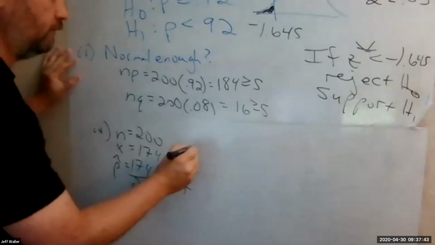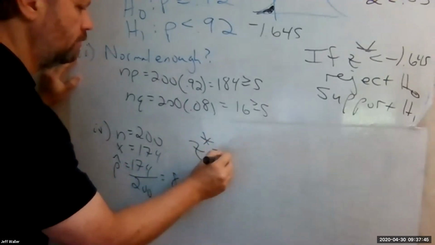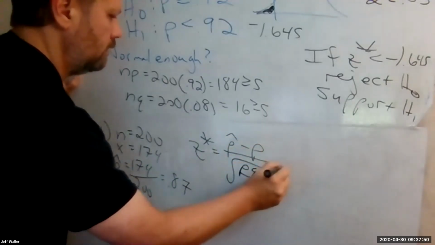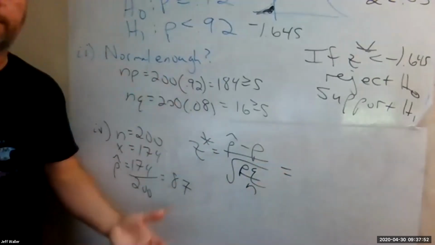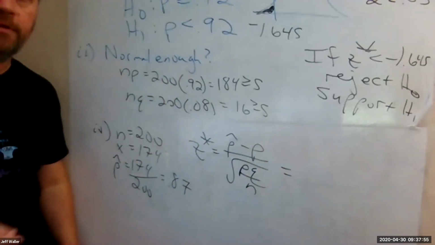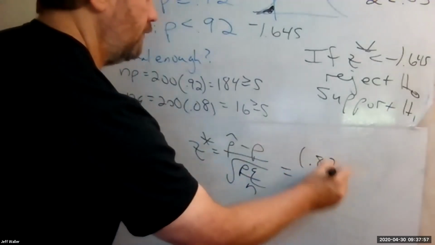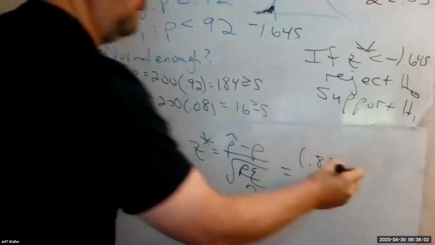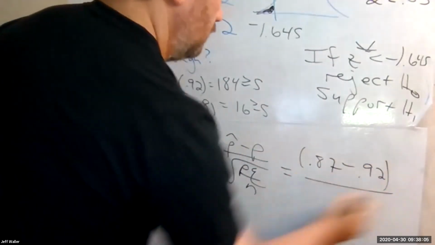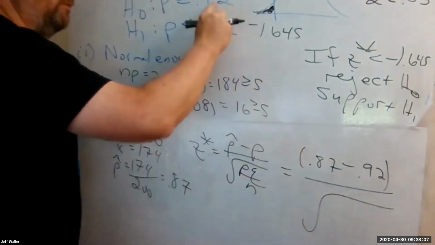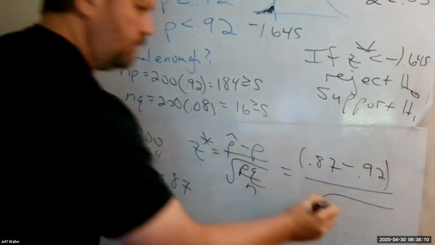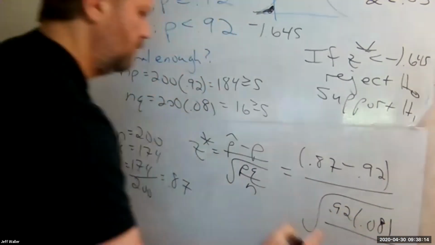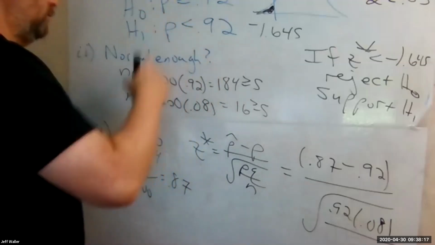Right, and then you've got the formula. P hat minus P divided by the square root of all that stuff, right? So now let's just throw it in the old formula. My data, 0.87, minus the supposed middle, 0.92, divided by the square root of 0.92 times 0.08, divided by N, which was 200.